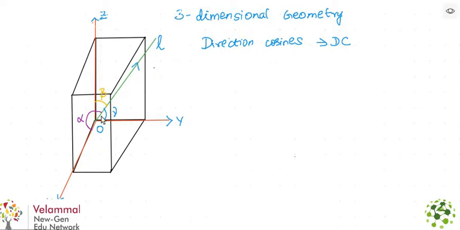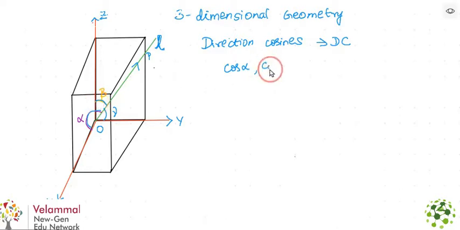Okay. Now look at the line OP, which is nothing but the line L. So this is the line L given to you. Now what is the angle it is making with the x-axis? It is making alpha with the x-axis. So the cosine of the angle it makes with the x-axis is cos alpha, and with the y-axis, beta.